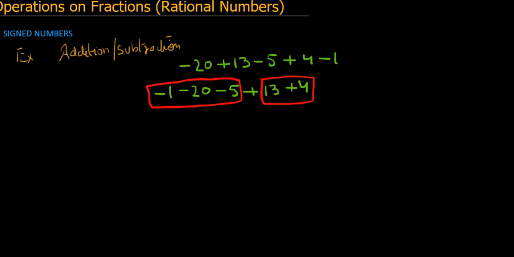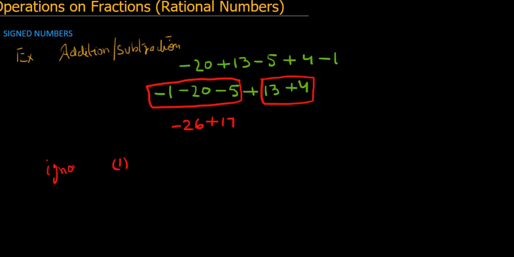Add all negative together. 20 plus, ignoring the sign, 20 plus 5 plus 1, 26. Now put the sign: because all are negative, the sum is also negative. Now add the positives together, 17, put the sign plus. Now the two-step procedure. Always subtract smaller from the larger. Which is larger? Ignore the sign here.